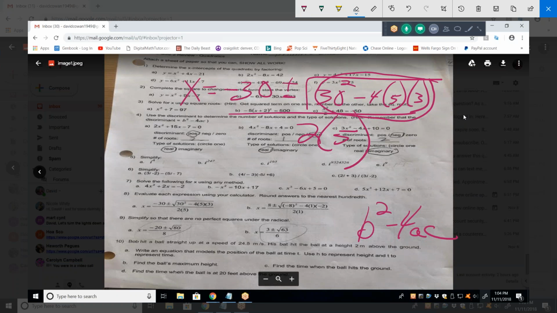Okay? So, I suggest to everybody that you do these 3 numbers first, and then you subtract it from 30 squared. So what's 4 times 5 times 3?